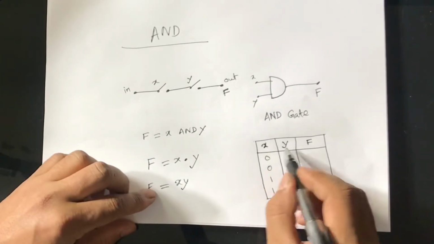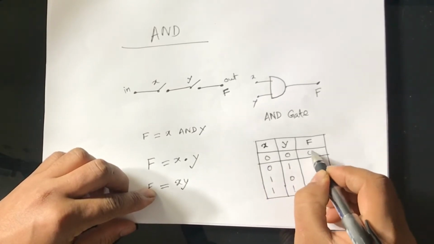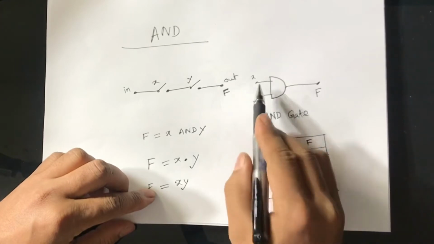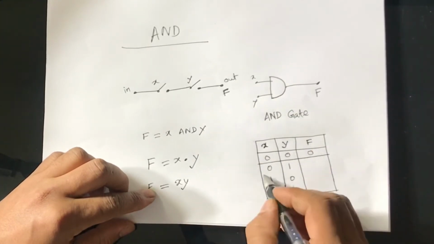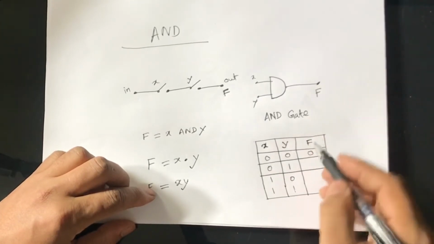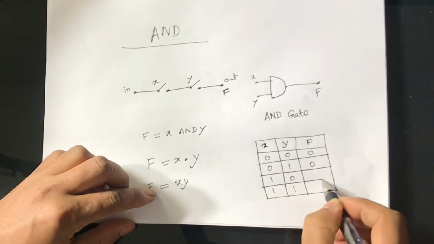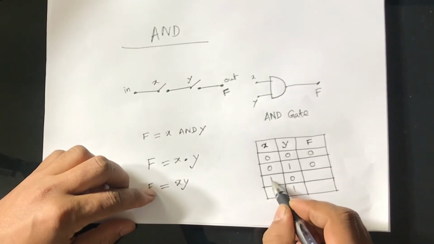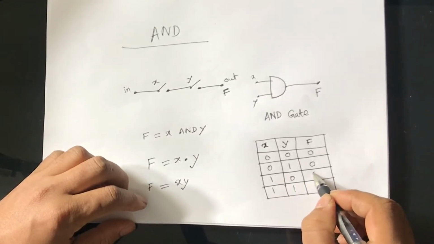So when X and Y both are 0, the output we get is 0. When X is 0 and Y is 1, we will get output 0. The same when X is 1 and Y is 0, we will also get the output 0.